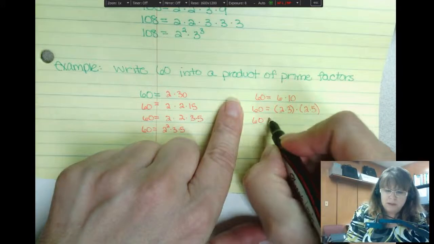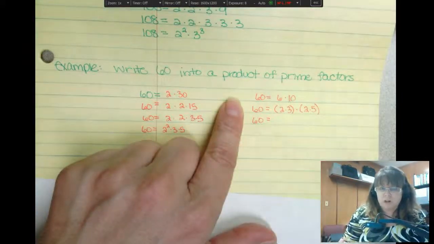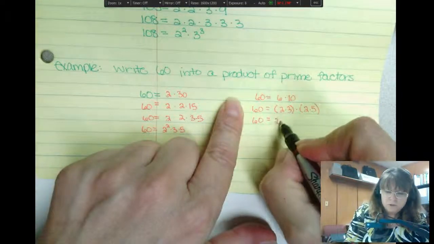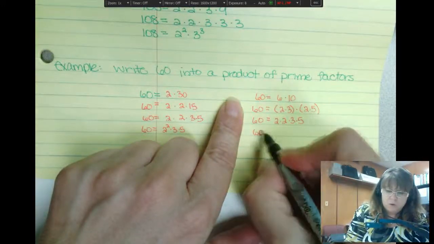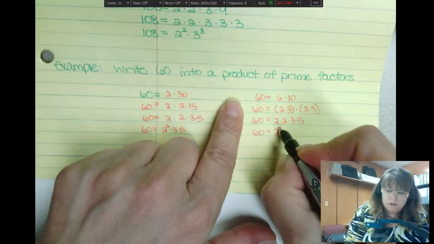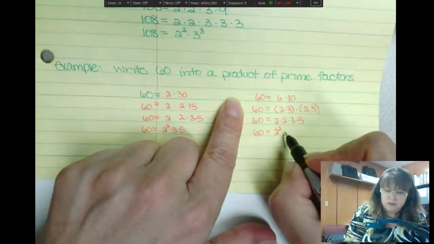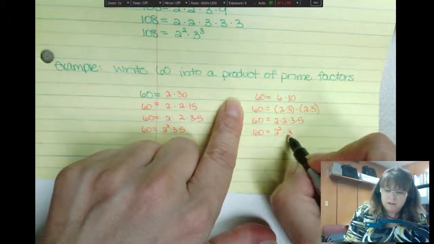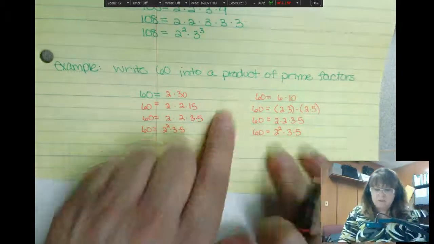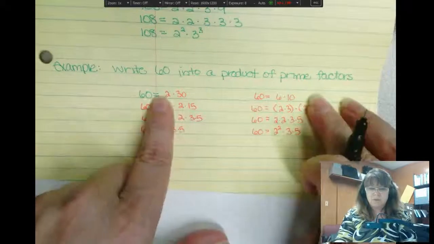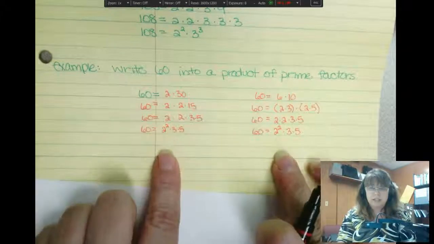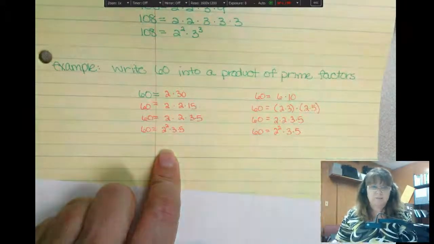Now I'm going to rewrite the numbers from the small to the large. 2 times 2 times 3 times 5, and then group the 2's together as 2 squared times 3 times 5. Same exact answer. Even though I broke it down a little different, I'll end up with the same exact answer.